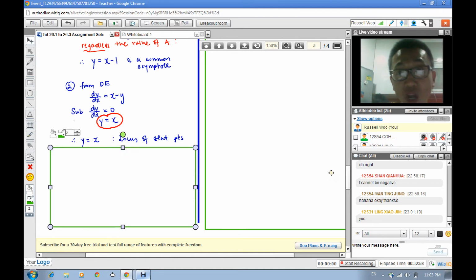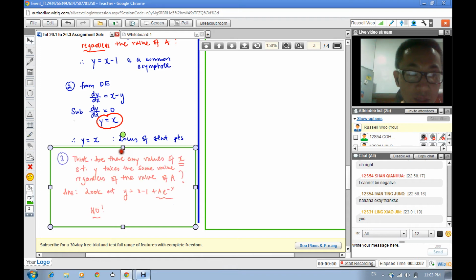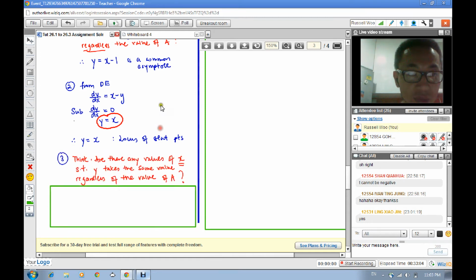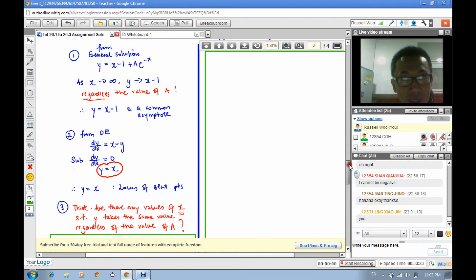Now, the third point is a common point. The question you are going to ask yourself is, are there any values of x where you substitute into the general solution such that y takes the same value regardless of the value of a? Let's go back and look at the general solution.